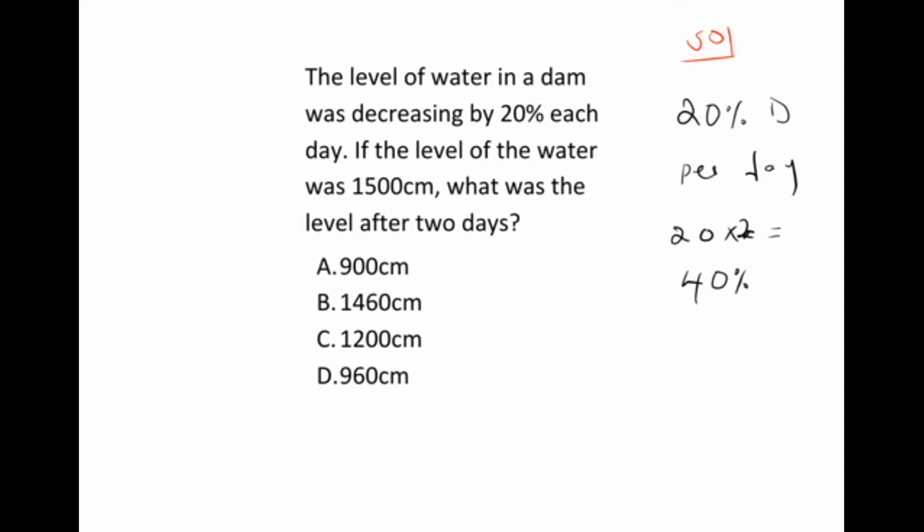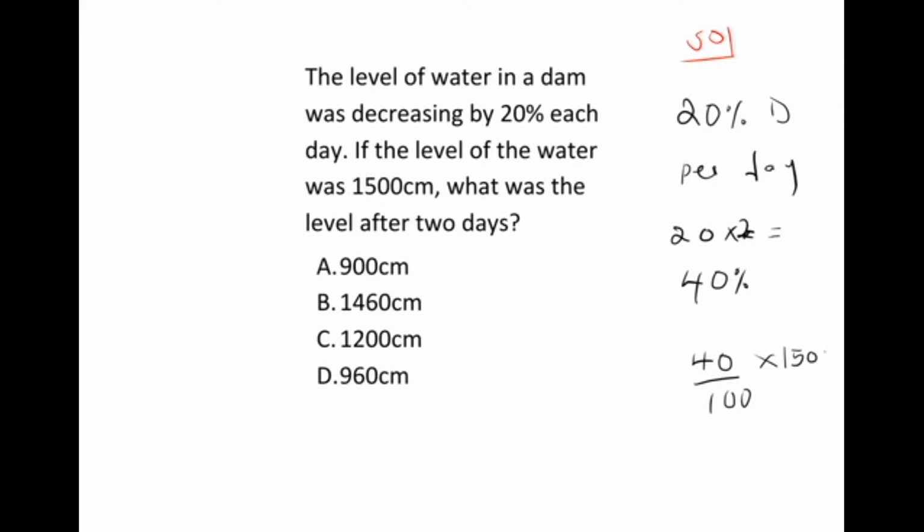Then we take this 40%. This 40% is the same as 40 over 100. We can write it as 40 over 100 times the level of the water, which is 1,500.